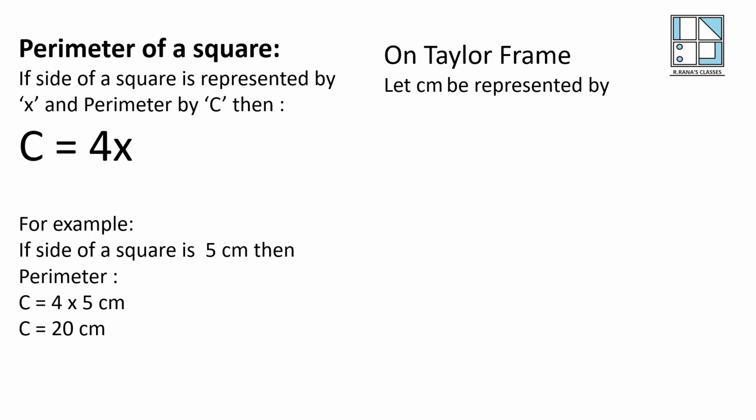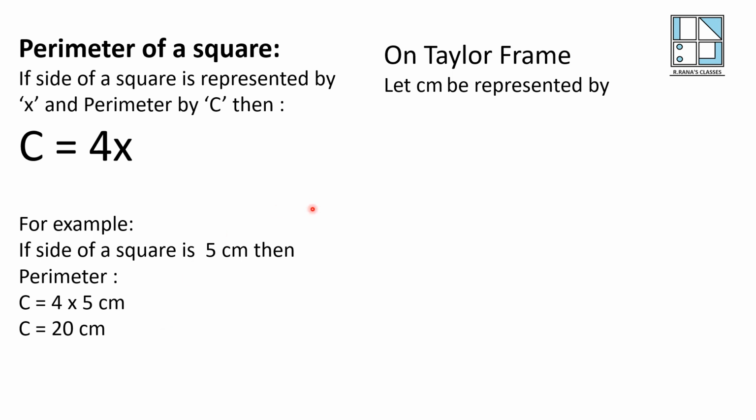As derived just now, perimeter C is equal to 4x, where C is the perimeter and x is the side. For example, if the side of a square is 5 centimeter, then perimeter C is equal to 4 times length, that is 4 into 5 equals 20 centimeter.